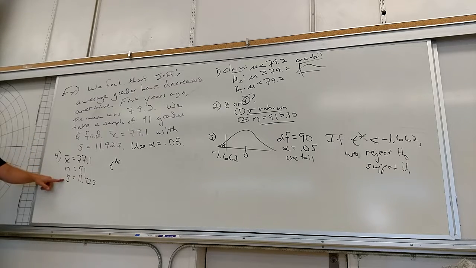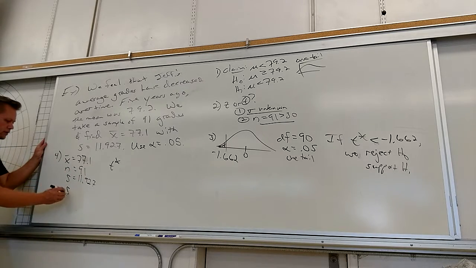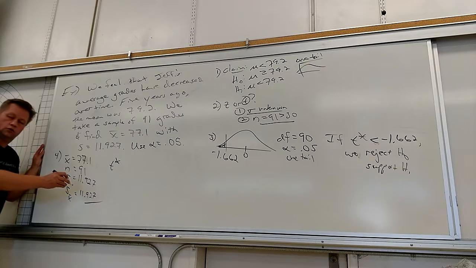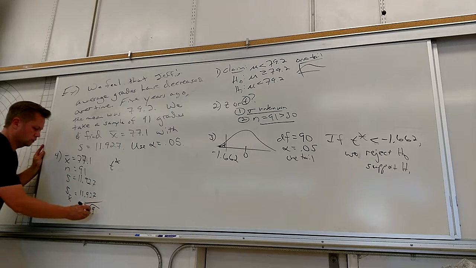This is the one that works for individuals. In my sample, I need the one that works for groups of 91. So S X bar is 11.927 divided by the square root of 91.